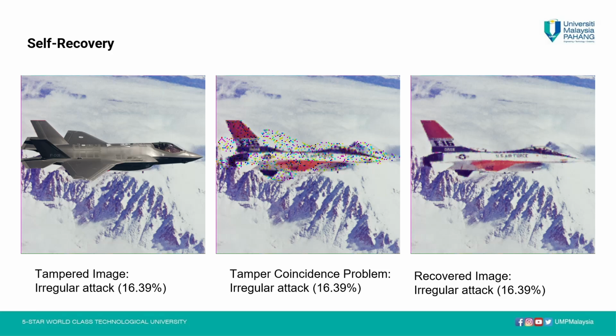If you see here, this is the part of the tamper coincidence problem, and the task of the algorithm is to solve this one. So we can see a smooth result here, and we can see the original image here. It is the recovered image where the quality is like the original one.